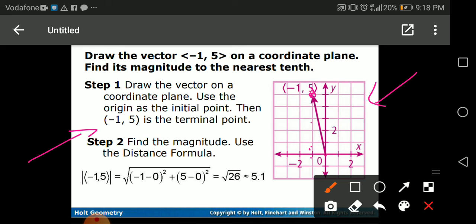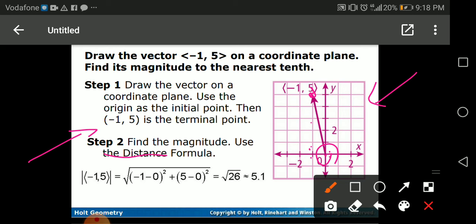The magnitude here, guys, we find using the distance formula. This is the terminal point, and this is the initial point, the origin, 0 and 0. So we put our initial point on the origin, and we have the terminal point -1 and 5.